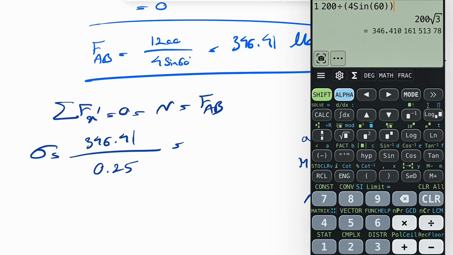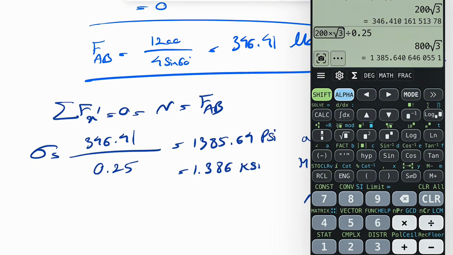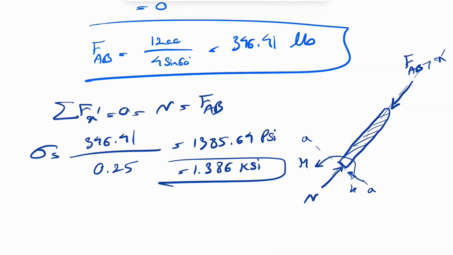So this is going to give us, divided by 0.25, 1385.64 pounds per inches squared. So PSI, or we can say 1.386 KSI.